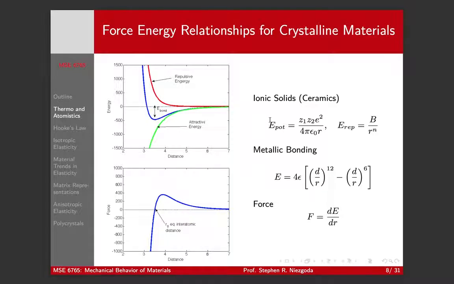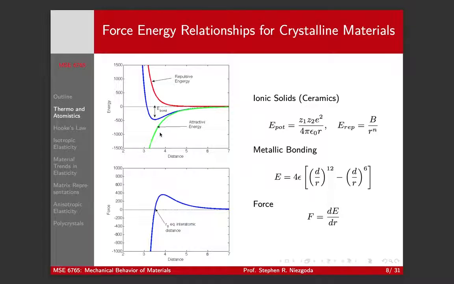let's think either a ionic solid or a metal here. And if you remember your solid state physics or ceramics course, we know that we need two criteria to make a stable bond, right? That the atoms should be attracted to each other the closer that they get.